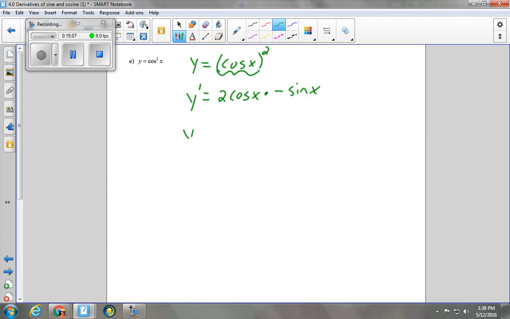So then, if we really simplify this, it ends up becoming negative 2 cos x sine x.